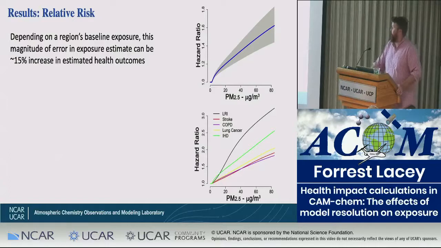And then I did want to link this back to the relative risk. So here, if you're looking at around a 10 microgram per meter cubed change, that can be up to a 10 to 15% change in the actual health outcome. And what I mean by that here is if we start at the threshold exposure, increase that by 10 micrograms, we're up to around a 1.15 relative risk factor.